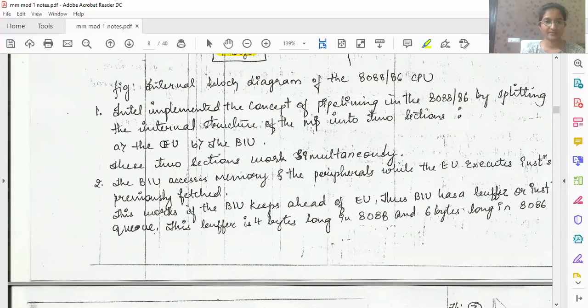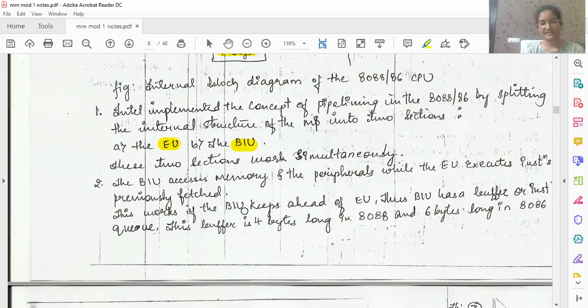That is EU and BIU. Okay, the same thing is explained here. The BIU accesses the memory and peripherals while the EU executes the instruction previously fetched. This works if the BIU keeps ahead of the EU. Keeping ahead of the EU means the BIU has to keep on fetching the instructions.